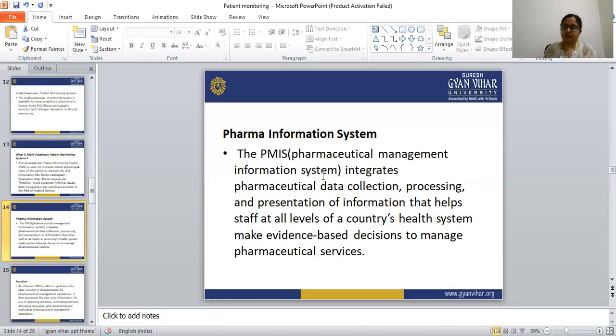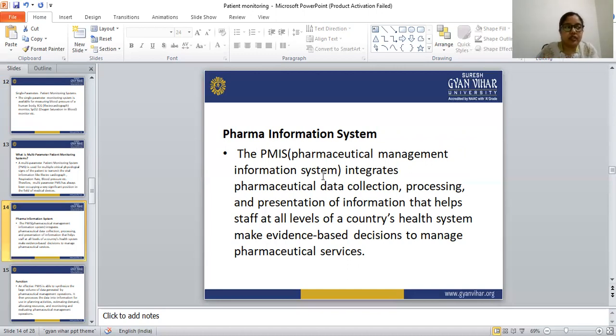So this is the pharma information system that is used by the pharmacist to watch how all the drugs are used in the hospitals.